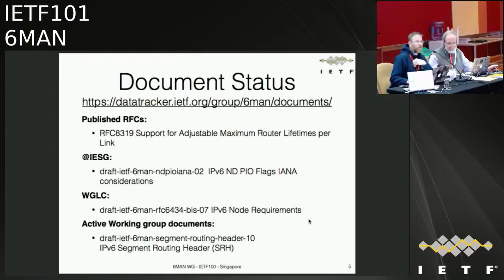We have one document in working group last call, which we'll talk about afterwards, the node requirements bis document. And we have one active working group document, which is the segment routing header, also on the agenda for today. You looked very active there, Suresh. Are you jumping up to say something? No.